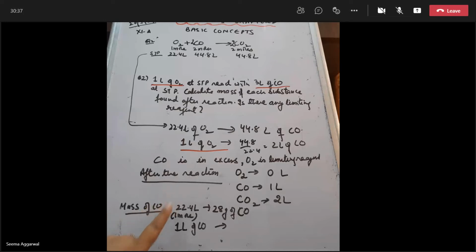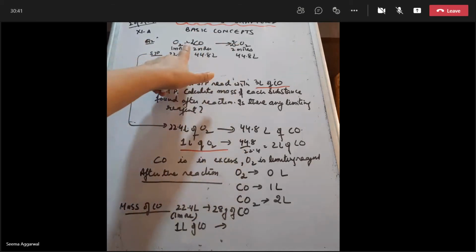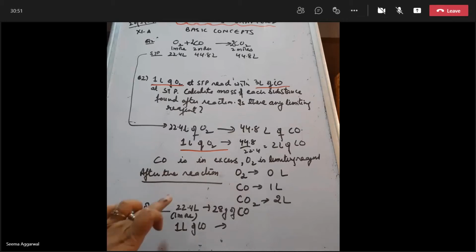So if I took 1 mole of oxygen, how much carbon monoxide was used? 2 moles. Yes, ma'am. Now you also know that 1 mole has a volume of 22.4 liters according to the mole concept, and it is equal to the molecular mass.